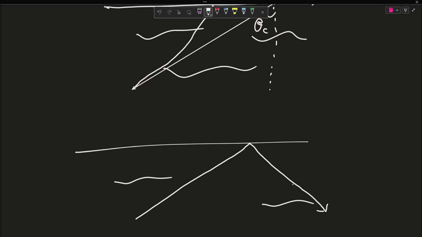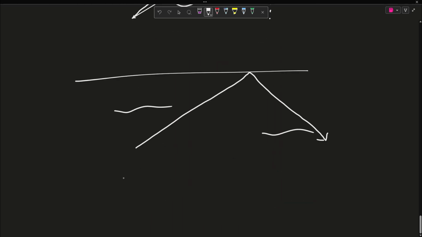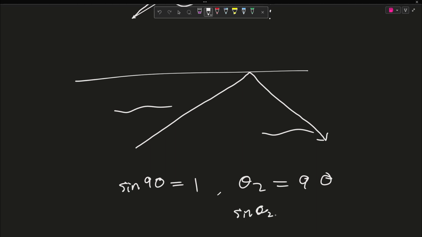And this is total internal reflection, because the speed change is too great to allow propagation of light into the air. So you can use the formula that's in the formula booklet and just put sine of 90 is equal to 1, and 90 is the theta 2. So sine theta 2 equals 1, and then you can just use the formula.